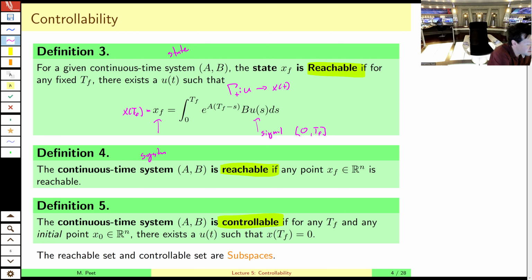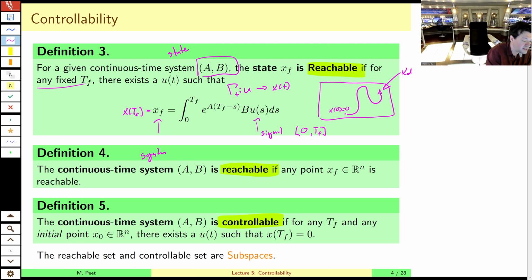But in any case, for a continuous system AB, defined by those two matrices, the state is reachable if for any fixed finite time there exists a signal which will drive you to that point. Starting here, let's just assume x naught equals 0, in a desired point, xd, there exists an input signal which will drive you there.